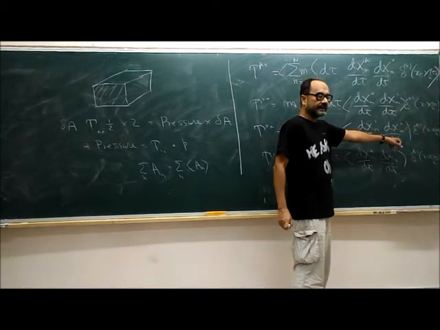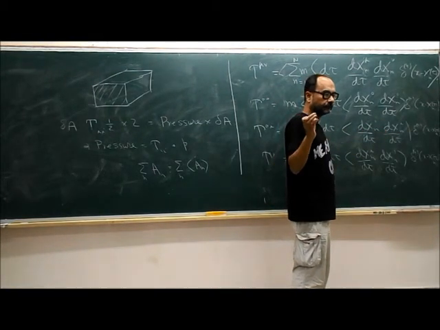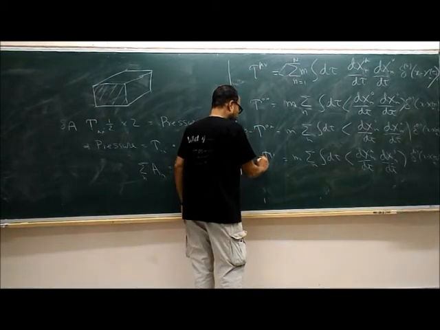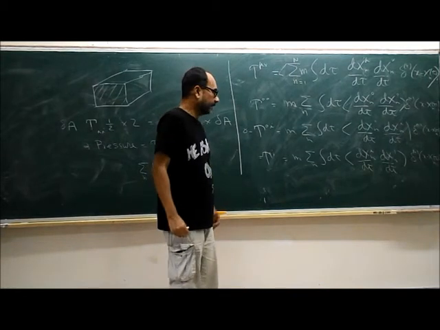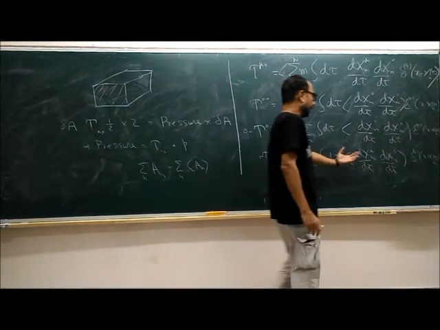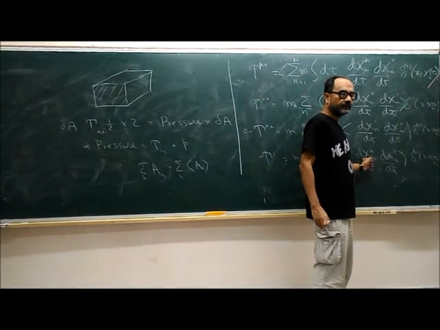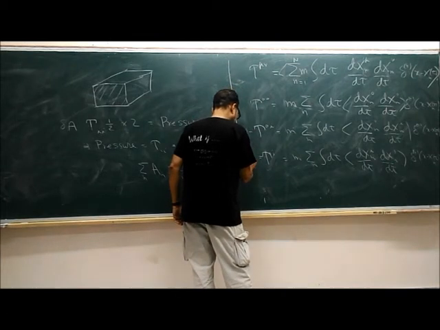But dx i d tau can be both positive and negative. So this is 0, and this we know is proportional to delta ij. We gave the argument in detail earlier, but it's the same here, because these are just velocity vectors. So this is P times delta ij.